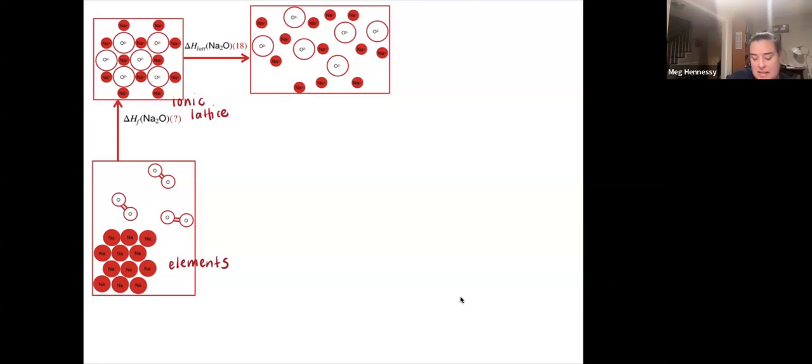And so we're just going to go step by step and think about what we could do and define the different terms. So one of the things I notice is that the sodium is a metal, and so it's a solid lattice. And so I'm going to have to atomize the sodium. That means break something apart to make 1 mole of gaseous sodium atoms.